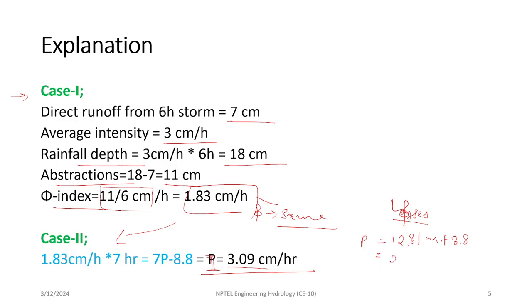It is about 21.61 centimeter P total, adding these two values. Now to compute intensity, we simply divide by 7 hours, right? So 3.09 something, or approximately this much of value you will be getting.